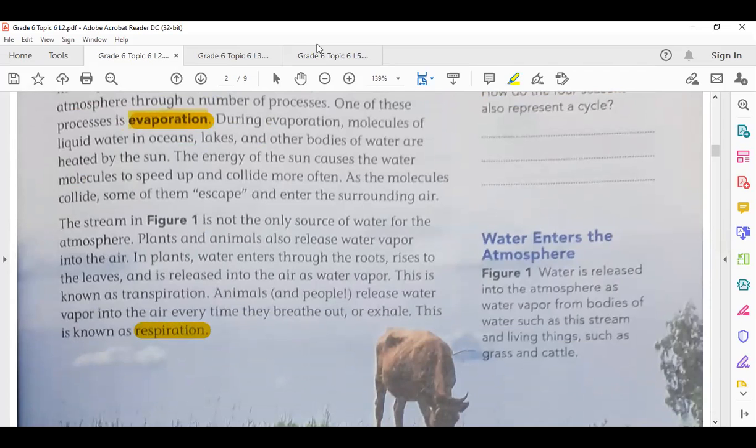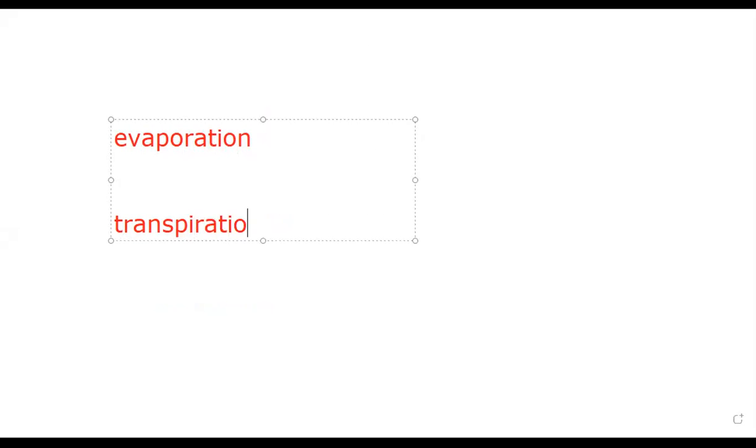What is common between these three processes? Look: evaporation, transpiration, and respiration.